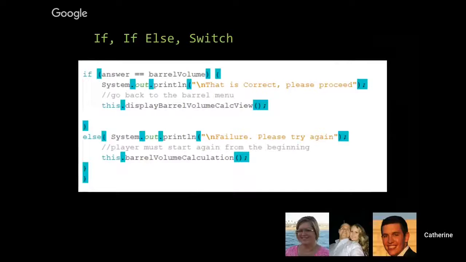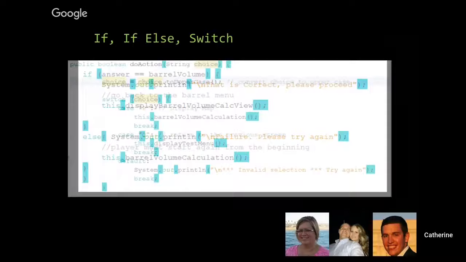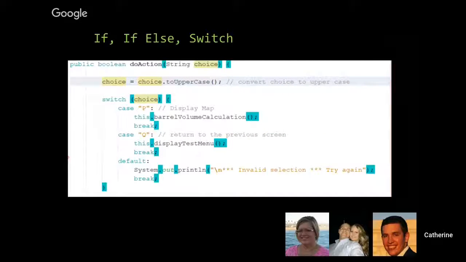If this happens, then we want to display the barrel volume calc view because it's correct, or else we'll do a different scenario. And then the switch statement, as previously mentioned, just has different options that, depending on what the case is, that is what will happen as a result.